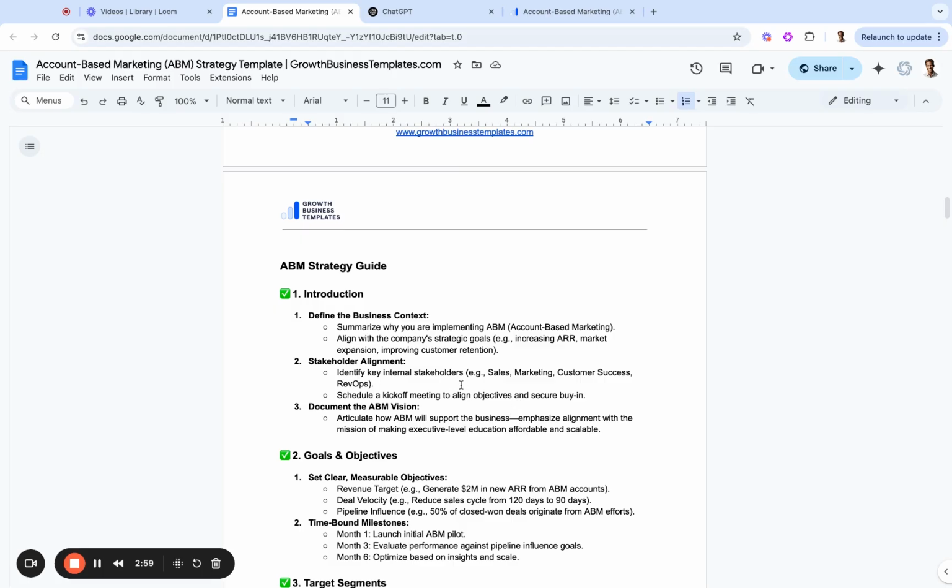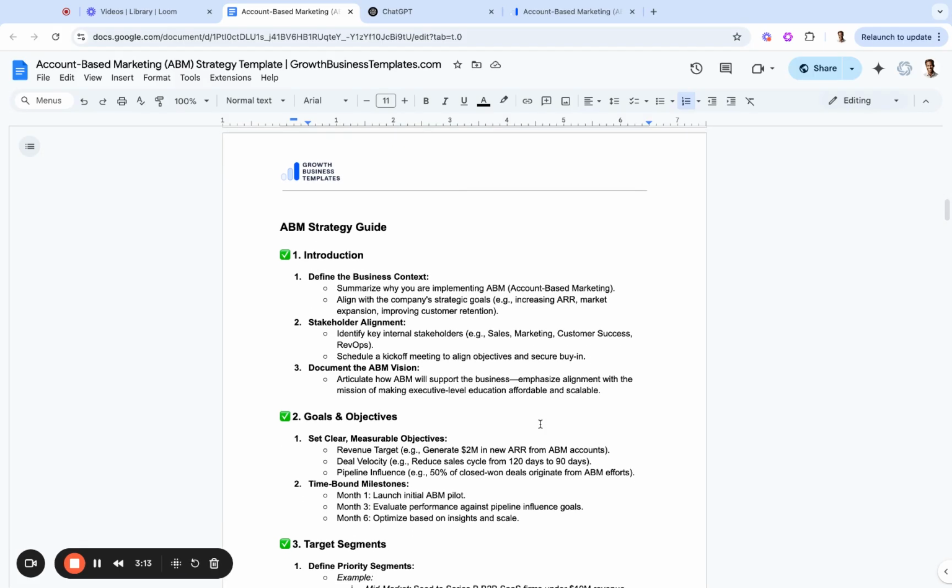And so there's an identifying of key stakeholders. These are very involved initiatives. Then you'll document the ABM vision of like what does it mean to be successful here.